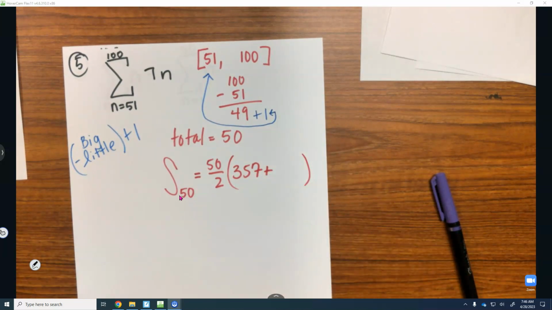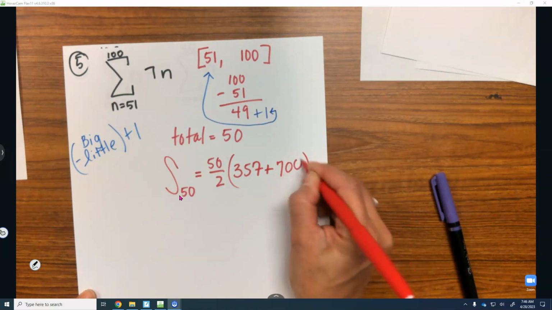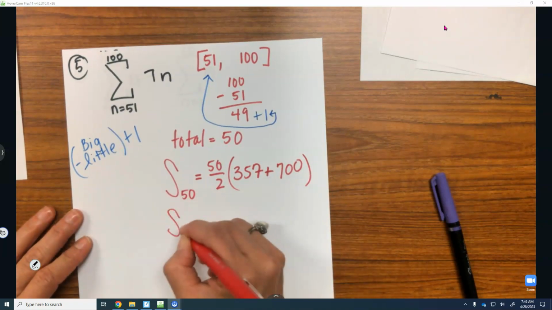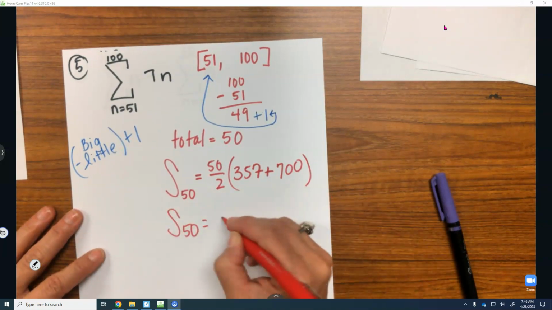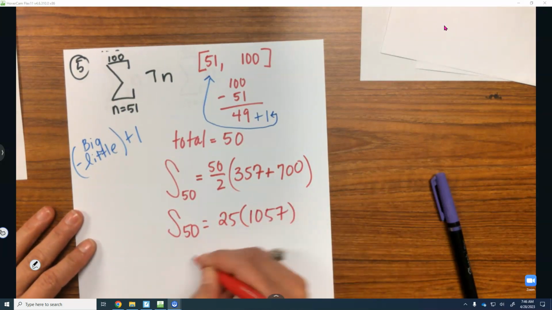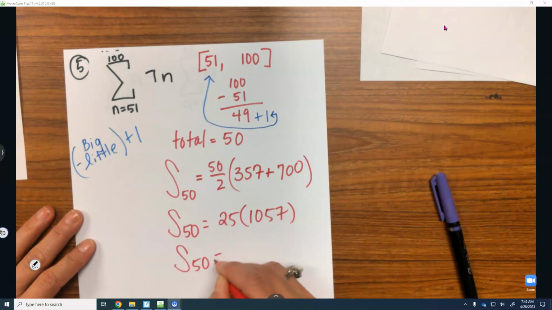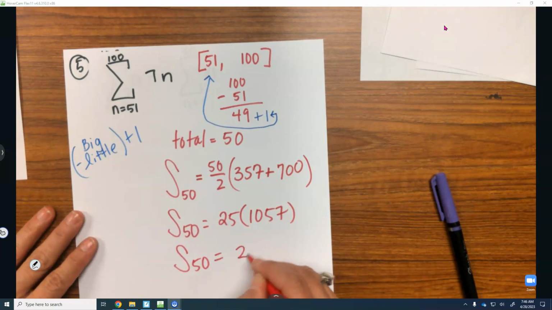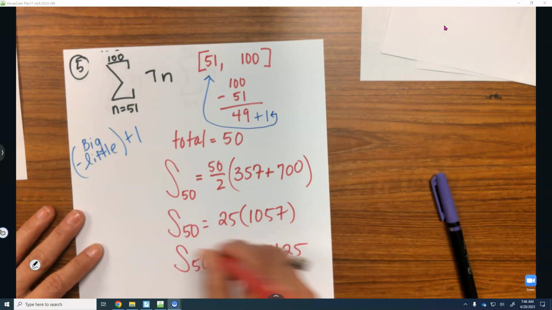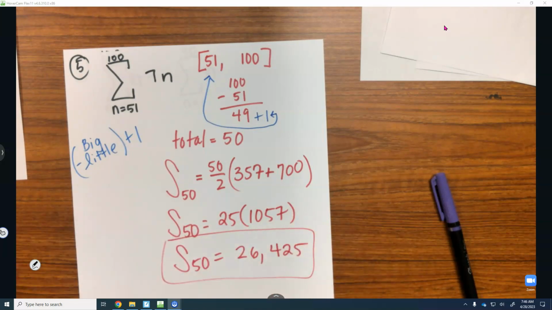What is it? 700, yes. All right, y'all. On your calculator, multiply those out and make sure you get 26,425. Please, please make sure you get that.